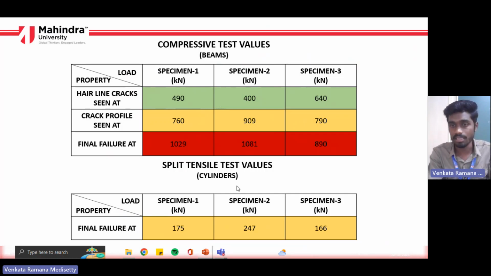These are the other 2 sets of values for specimens 2 and 3. And these are the split tensile values of the 3 cylinders I have casted: 175, 247, and 160 kilonewton respectively. These are ultimate load values where the cylinders got completely broken under tension.